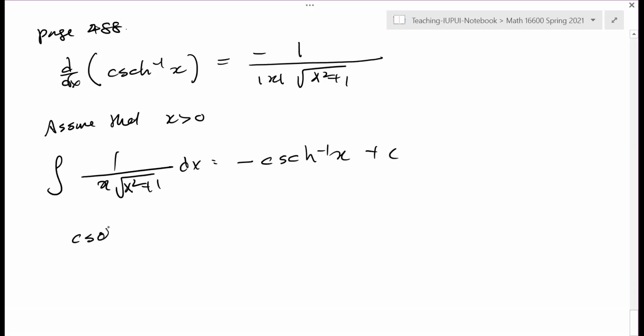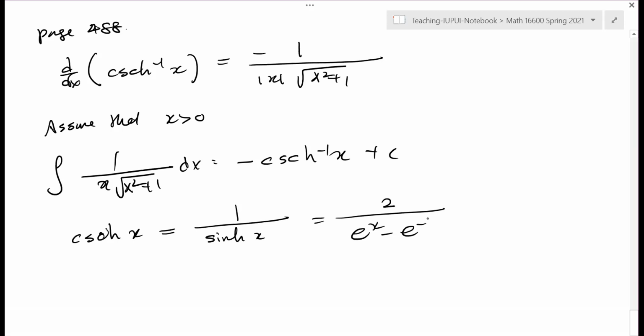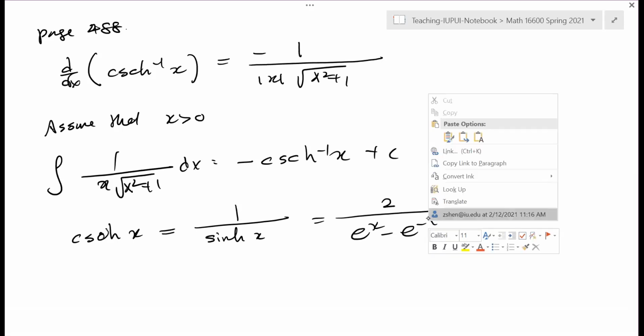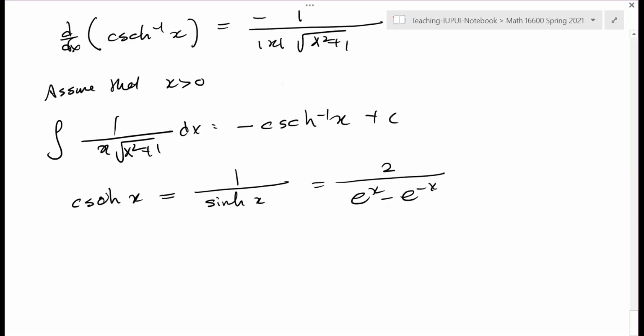Hyperbolic cosecant x, by definition, is 1 over hyperbolic sine x, which is going to be 2 over e to the x minus e to the negative x. So this is y, and can you find x? The answer is yes.